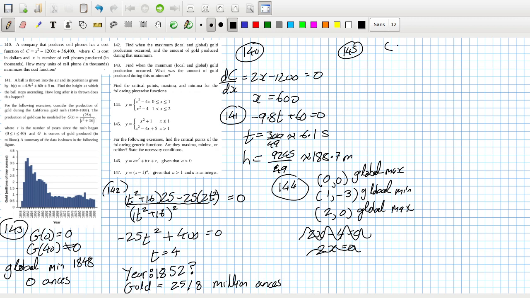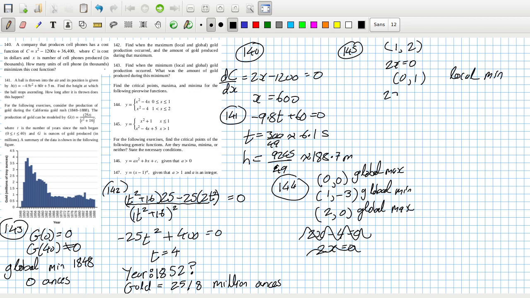145. So, okay. I want to check at 1. 1 is 2. But when we go to -infinity, we get infinity. But we could have a global and local min. So let's see. 2x equals 0. So that's 0, 1. That looks like a local min.